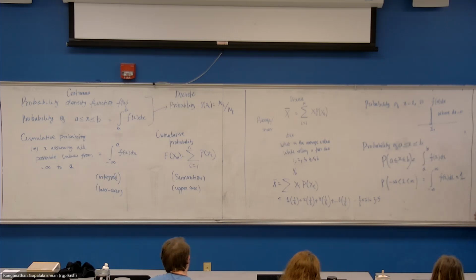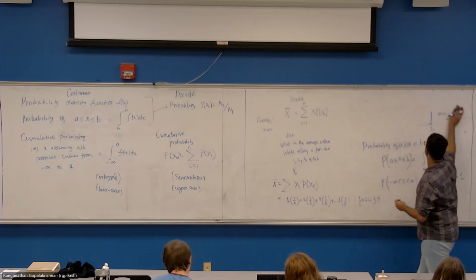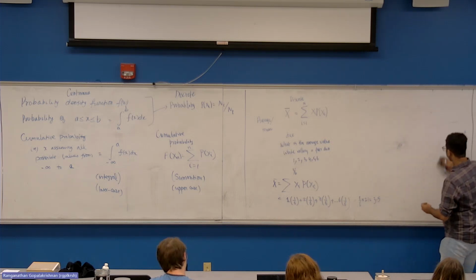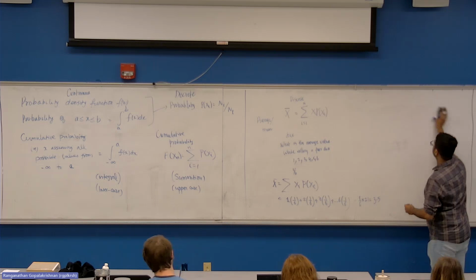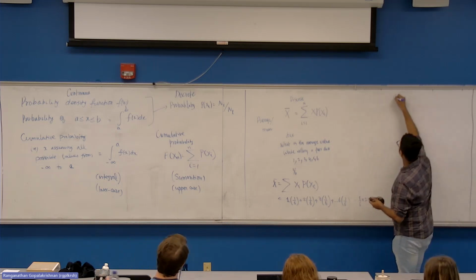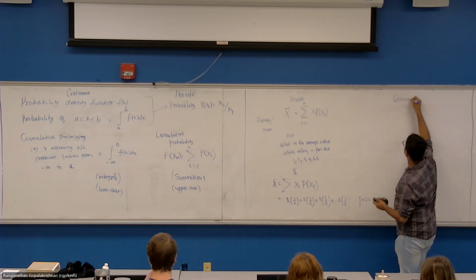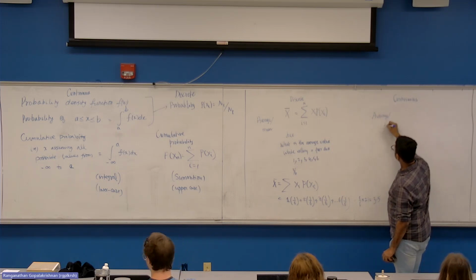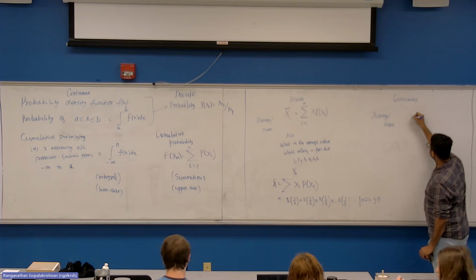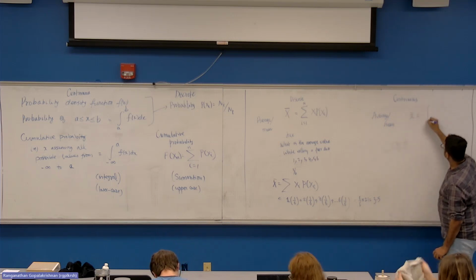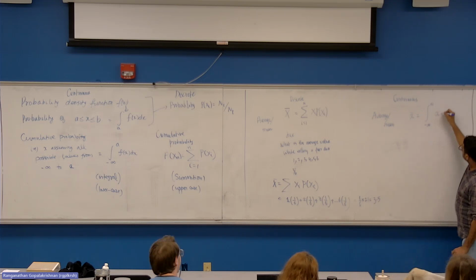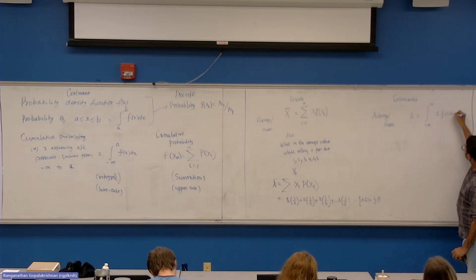Okay. Now, if I ask you the question, what is the average value of x when x is a continuous random variable? So if you have a continuous random variable, what is the average value or mean? That would be x bar, which would be from minus infinity to infinity, the range of x, x times f of x dx.